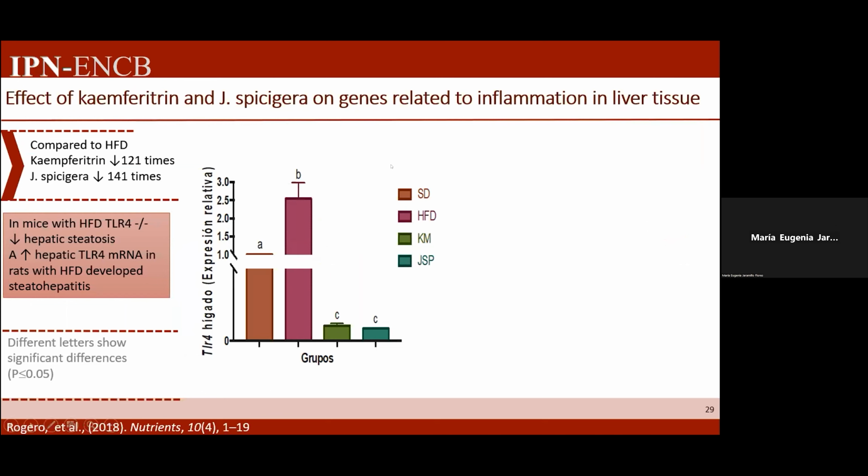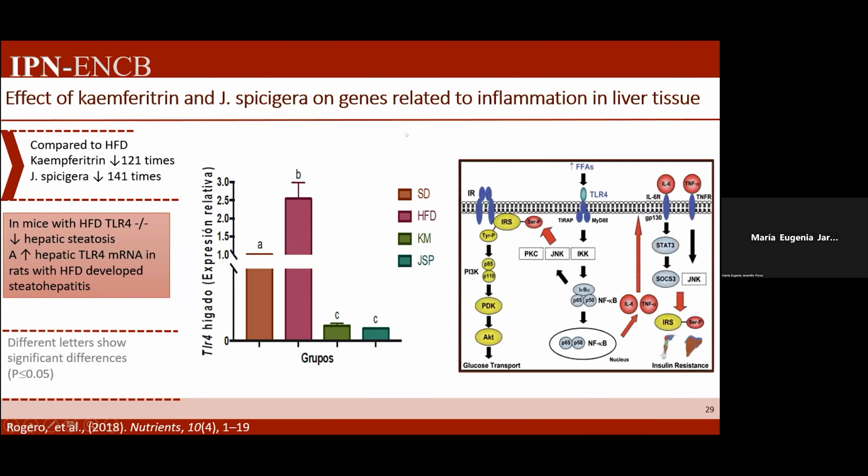The effect of Justicia spicigera and kaempferitrin on the treatment of high-fat diet animals: you can see the important reduction of TLR4, an important protein factor that promotes very high inflammation.